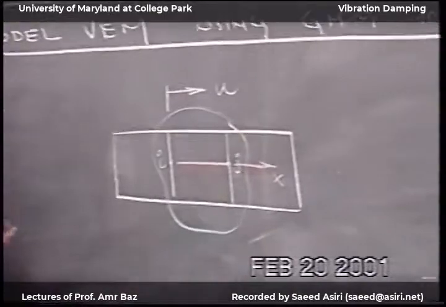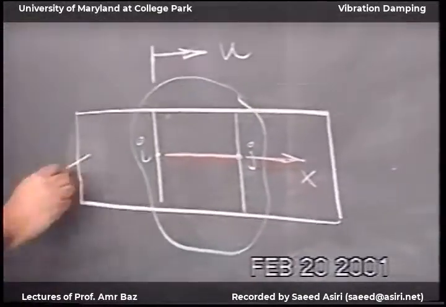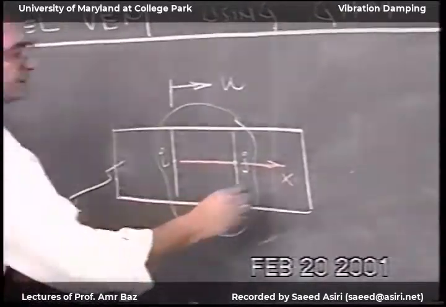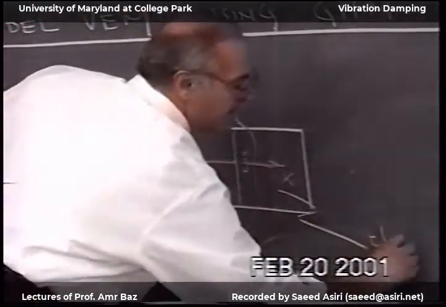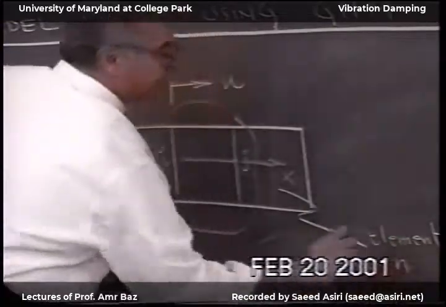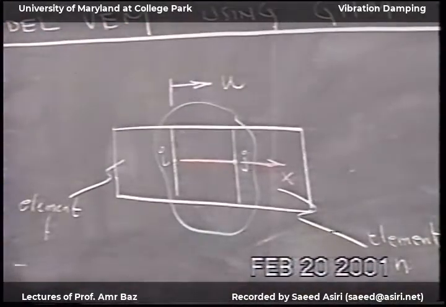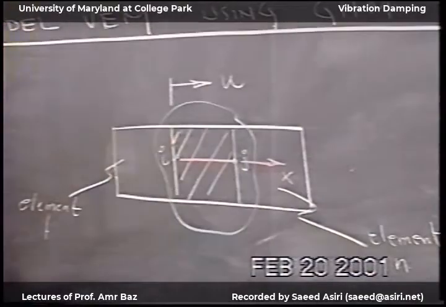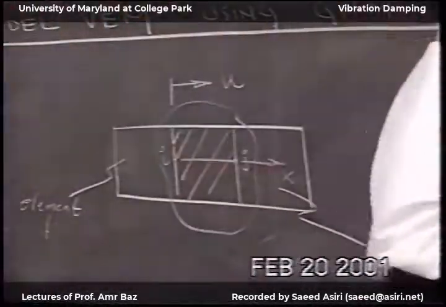So this is, for example, element 1, and then this is element n. And we will consider any general element.